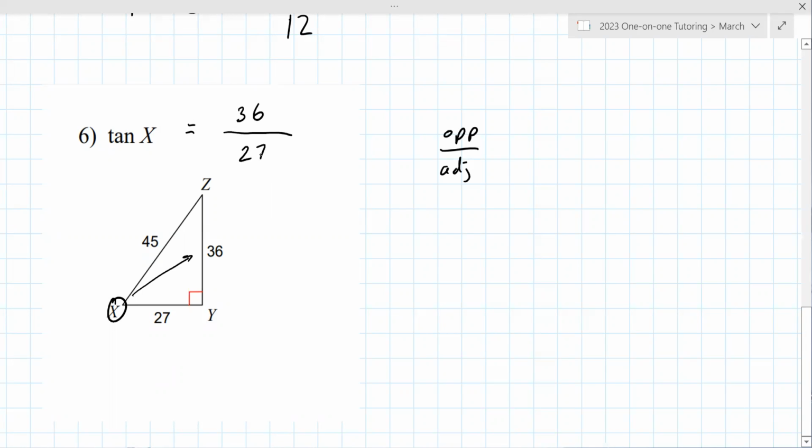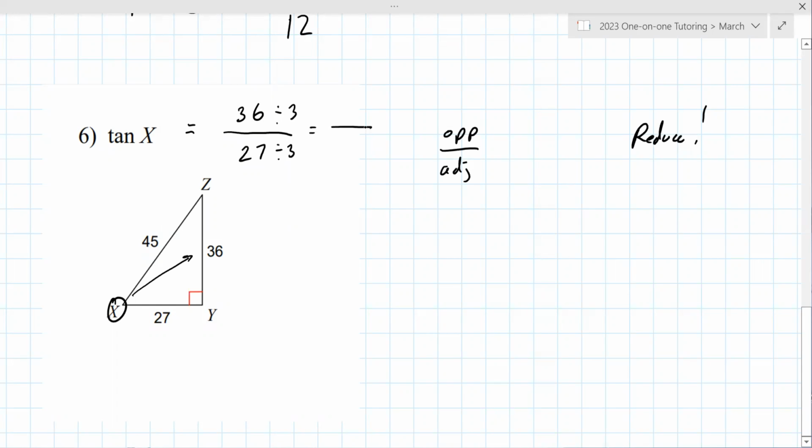Very good. Now, sometimes you have to reduce. Can you reduce 36 over 27? Is there a number that goes into both the top and the bottom? So you divide by 3.